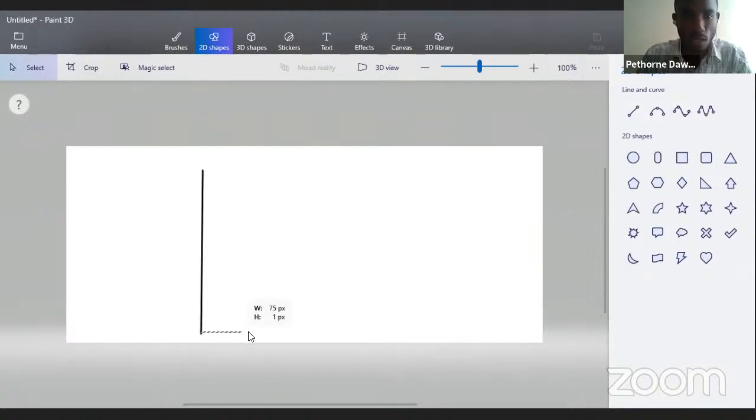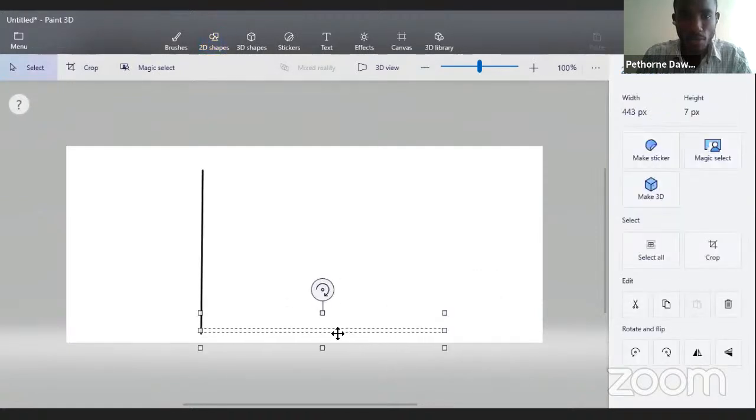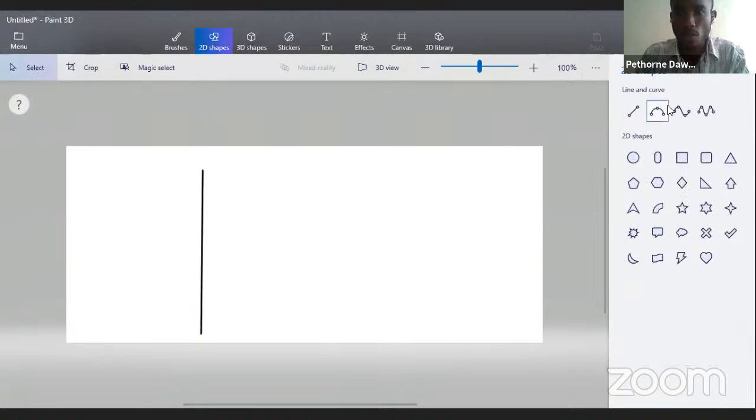But nonetheless, the same concept will apply in terms of drawing the graph. Hopefully, okay, that's better.